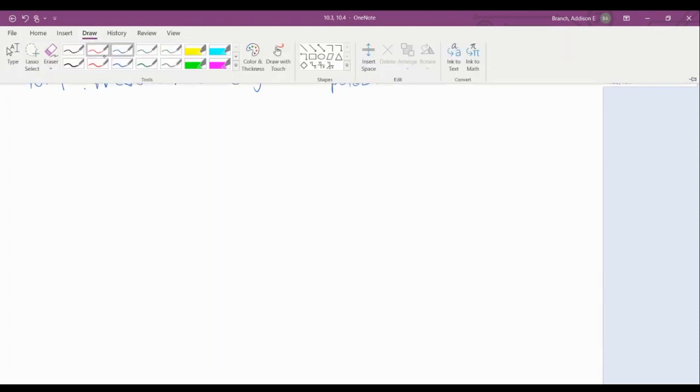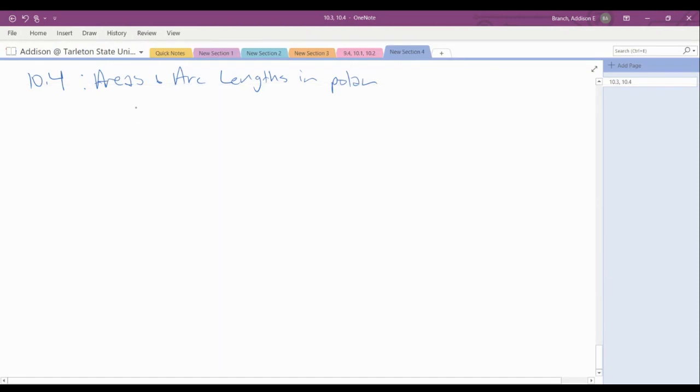Our main formula that we need to know is that our area is going to be equal to the integral from A to B, or our two angles, or two thetas, of 1/2 r squared d theta, where r squared is, of course, our f of theta.